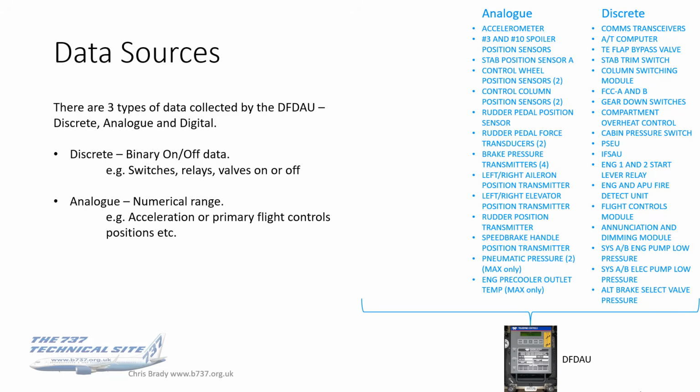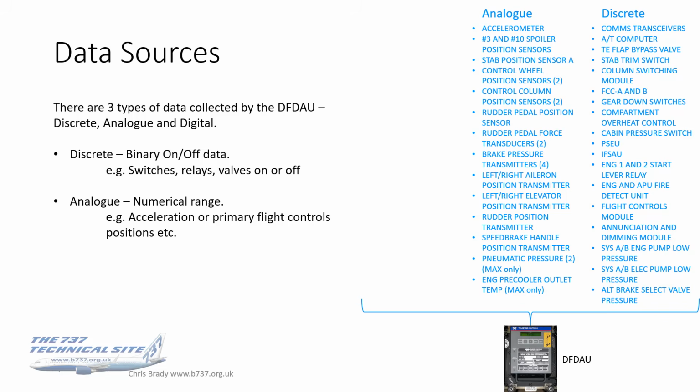The next sort of classification, if you like, is analog. And these are things with a numerical range, so it's not just on or off. It's a scale. So the accelerometer, a scale from, I don't know, -4 to +6, whatever it might be, is on there.